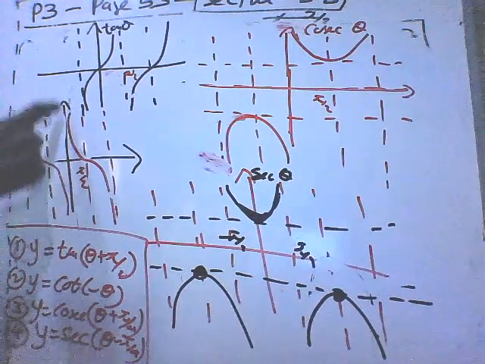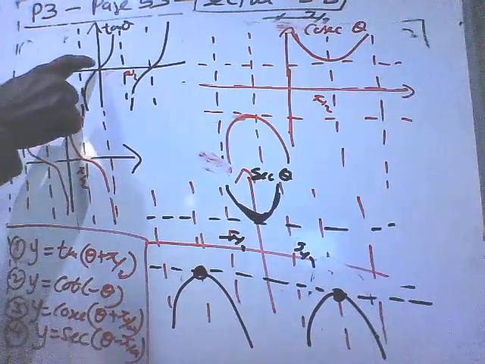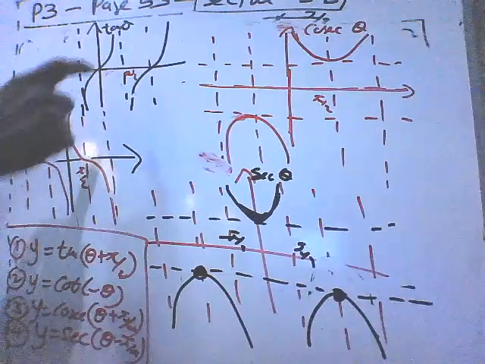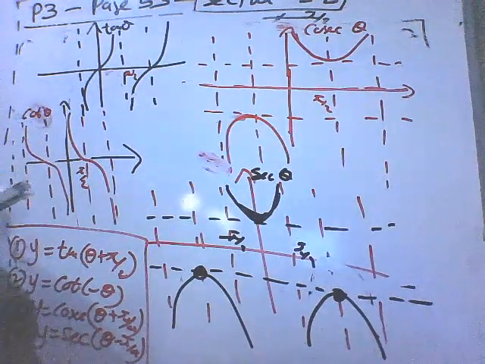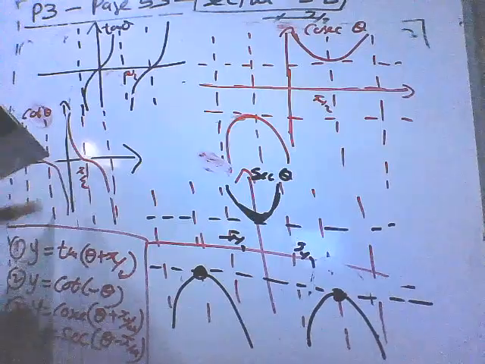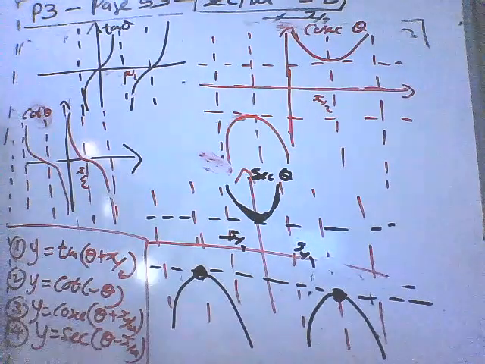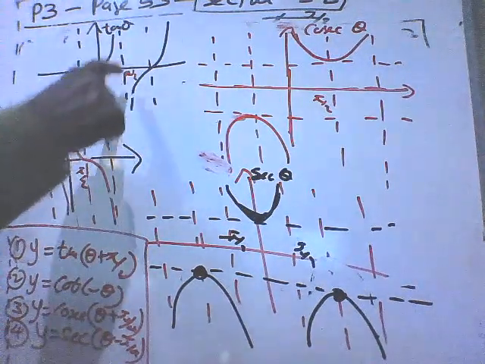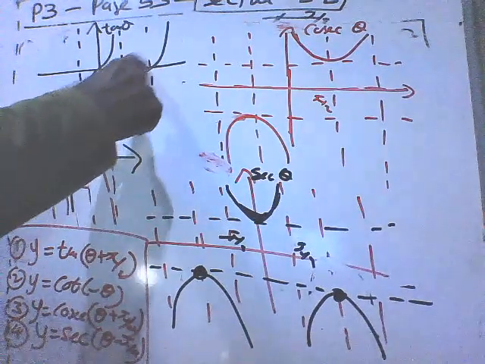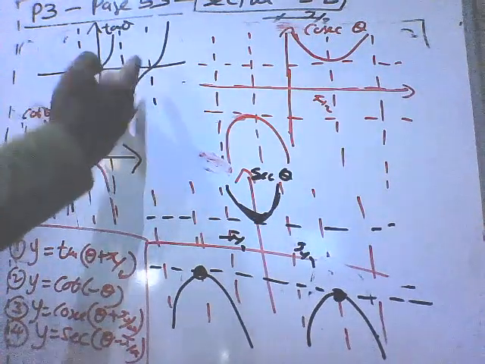It reaches infinity at the 0 part. And in this part cot theta is negative, so it flips.